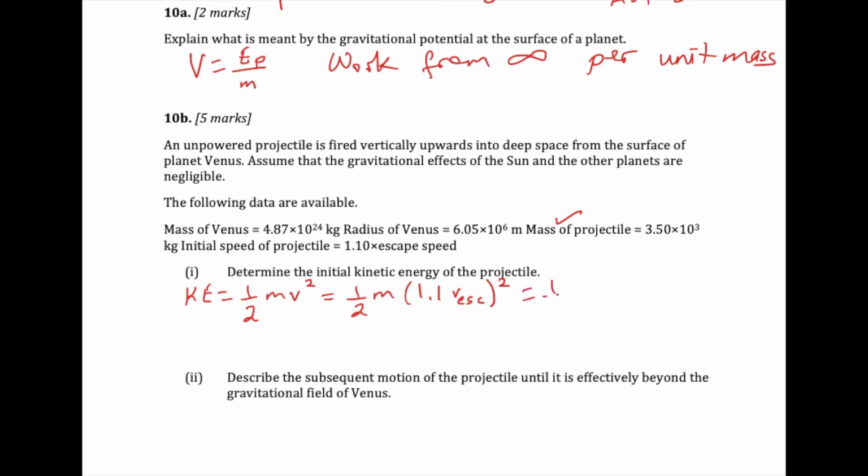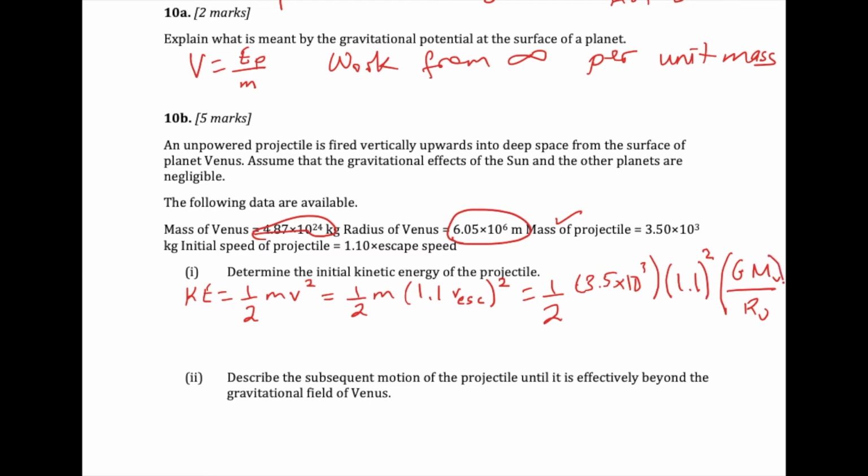So what I do, 1/2, I can use this mass, which is 3.5 times 10 to the power of 3. Since I'm squaring this, I would be squaring the 1.1 factor. And since escape velocity is given as square root of 2GM over r, the square of that would be GM, the mass of the planet, which is Venus, given as that number, and the radius of Venus, also given here.